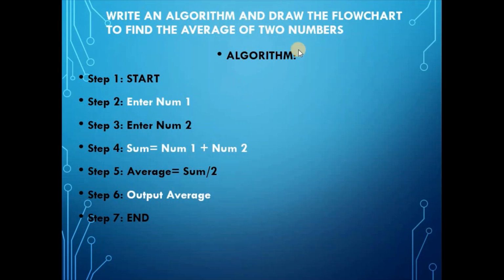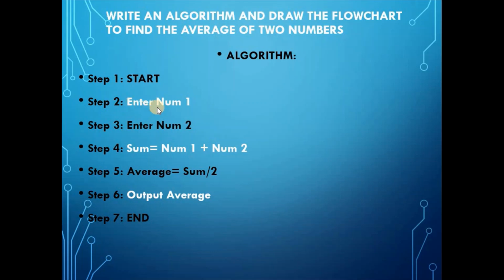The first thing that we want to identify is what the question is asking us to do. So the question asks us to find the average of how many numbers? Two numbers. So again, using our algorithm, the first step would be using the terminal option that says start. So that's step one. After we have begun our problem solving using the start option, we move on to our next step.